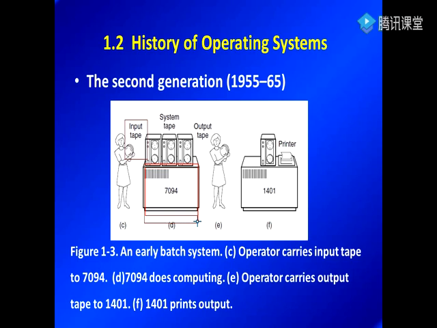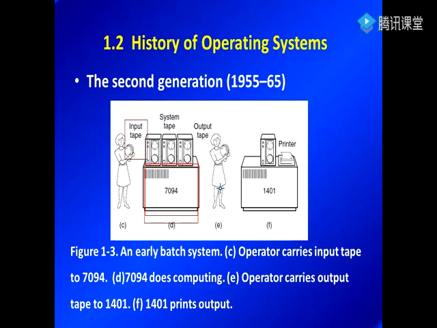We have three computers to handle a batch of jobs in this batch system. 1794 is responsible for the processing, for the execution of the programs, and 1410 and the first computer are responsible for the input of the program and the output of the result.